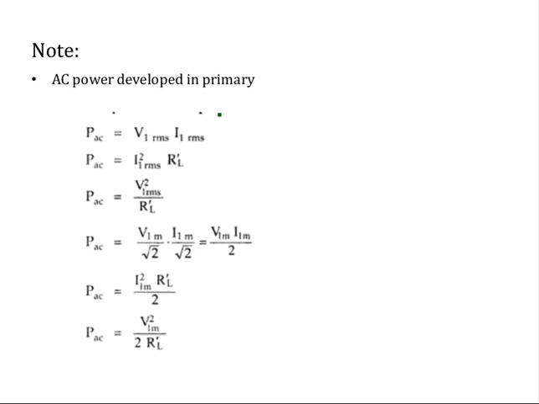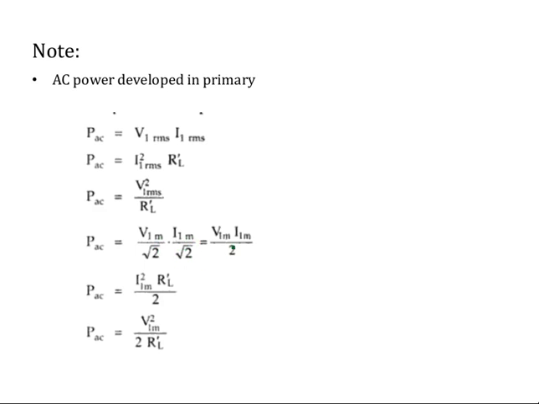Now, if you want to find the AC power developed in the primary, these are the expressions you need to be familiar with. PAC is equal to V1 RMS into I1 RMS, and PAC is equal to I1 RMS square into RL dash. If you express this PAC in terms of the peak value, it is V1M I1M by root 2 into root 2.